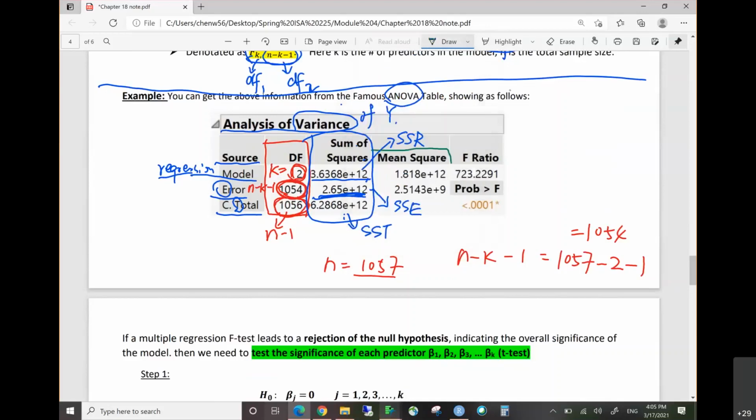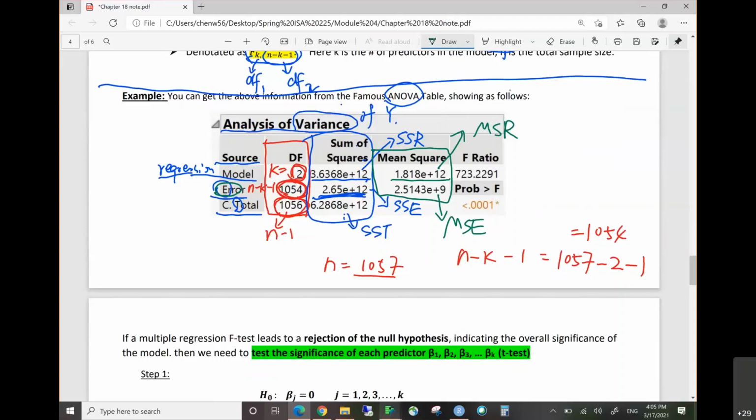The next column is the mean square column, right? The first one is the mean square of the regression. The next one, the mean square of the error, MSE. All right.